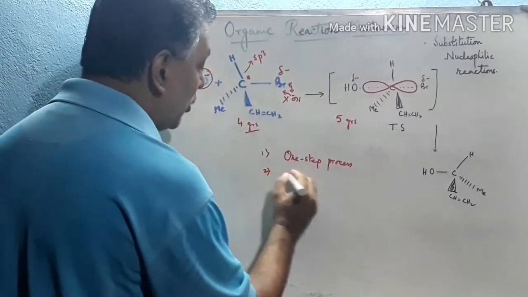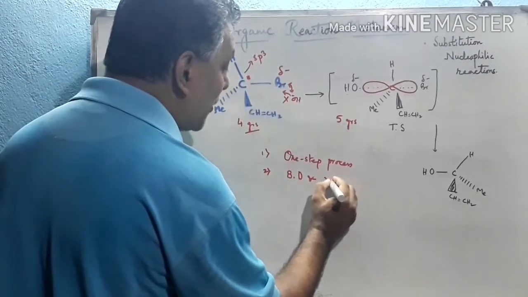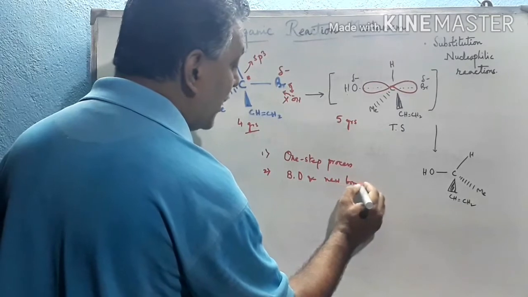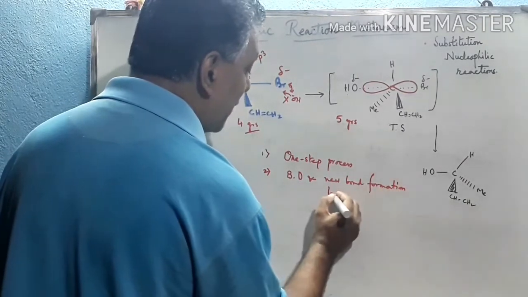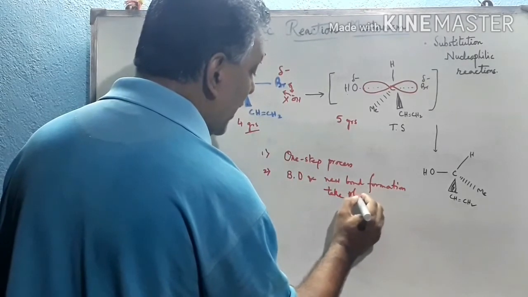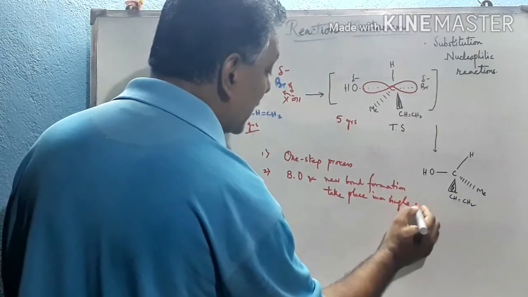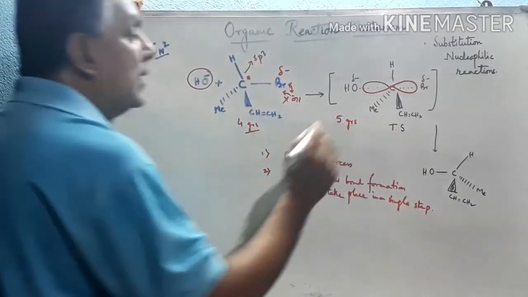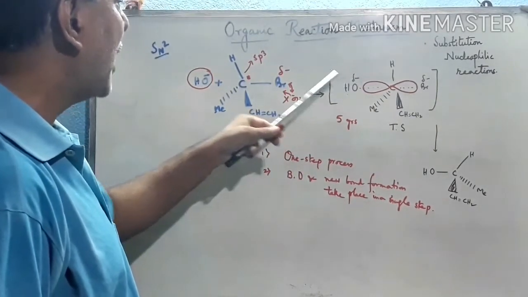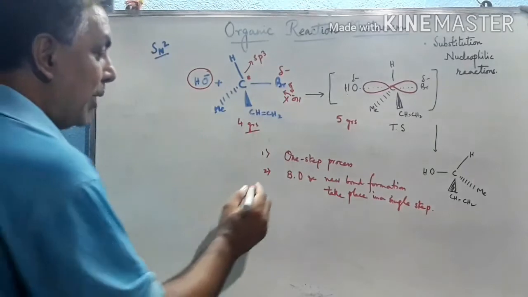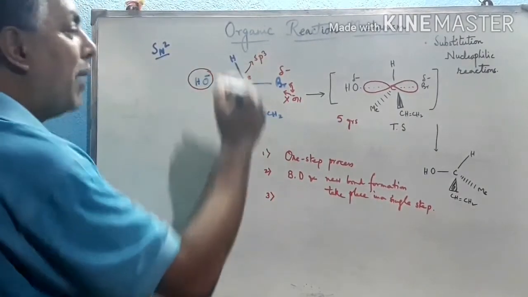Number two, bond dissociation and new bond formation take place in a single step. Here see, both the reactant and the nucleophile are present in the transition state, and that's why it is called the SN2 type reaction, substitution nucleophilic bimolecular.